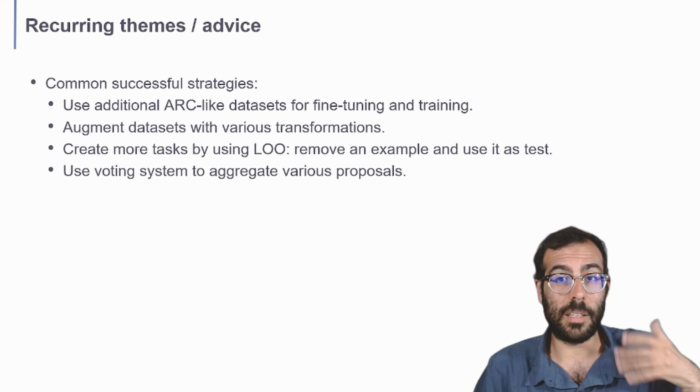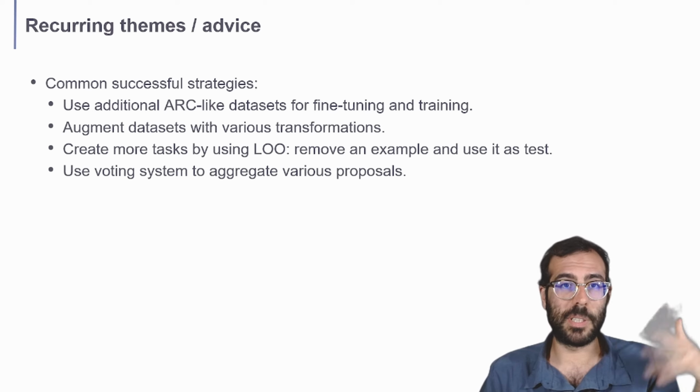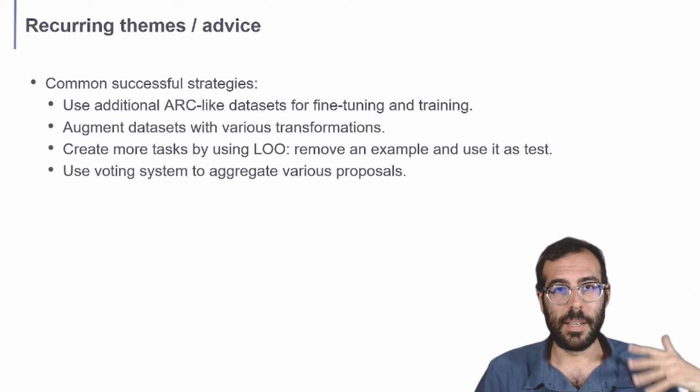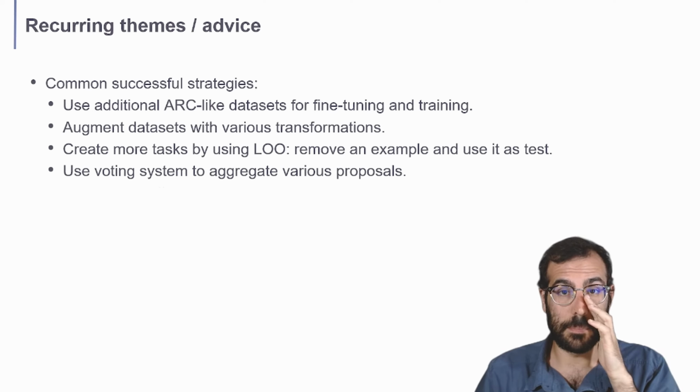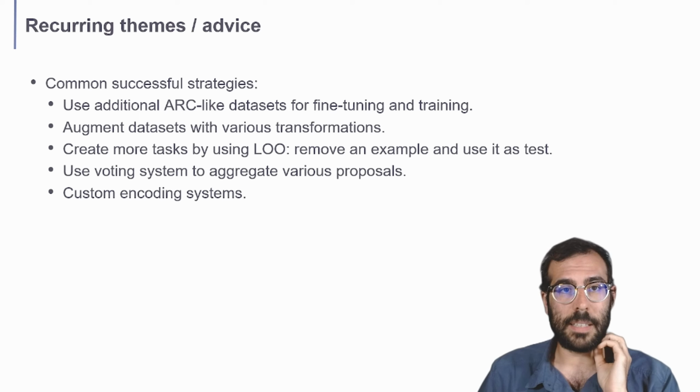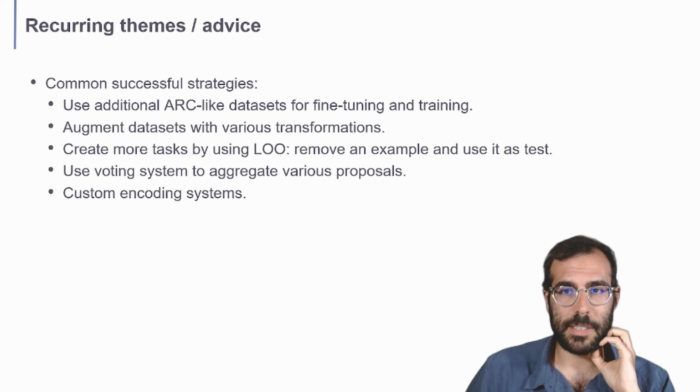Then you need to define some kind of voting procedure, some voting system that decides on one of them. There's also custom encoding systems. We've seen a couple of examples of this, and this also seems to be an underexplored direction for approaches.